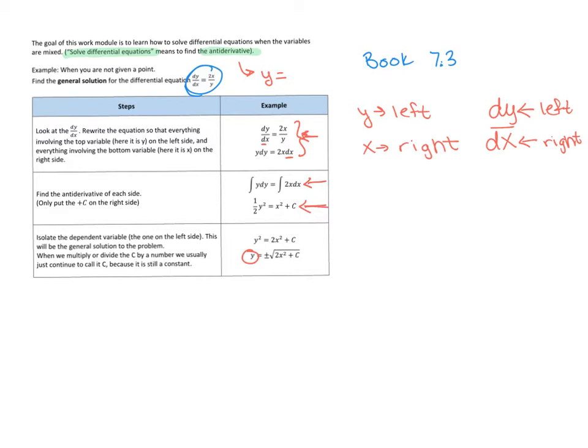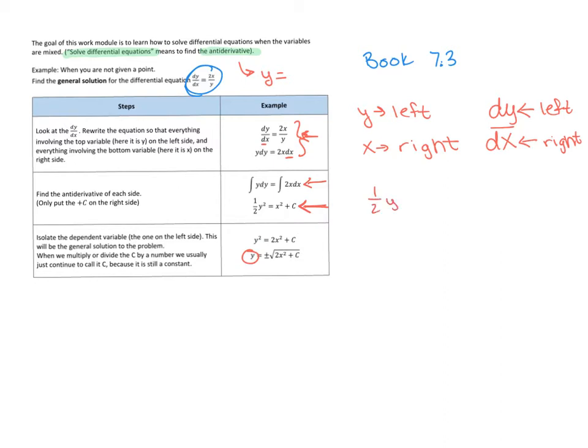On this step here, notice that when we find the antiderivative, the antiderivative of y would be 1/2 y squared. The antiderivative of 2x is x squared. We know that we need a plus c because we need a constant somewhere, and we really only put it on the right side. We don't want to put a plus c on both sides because then we might accidentally subtract it out of the problem.